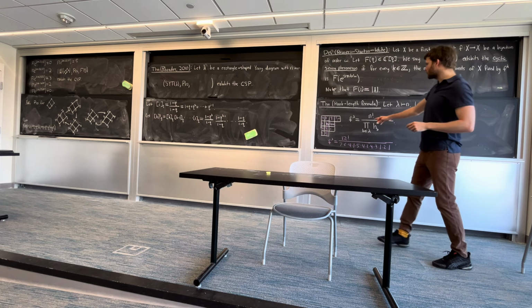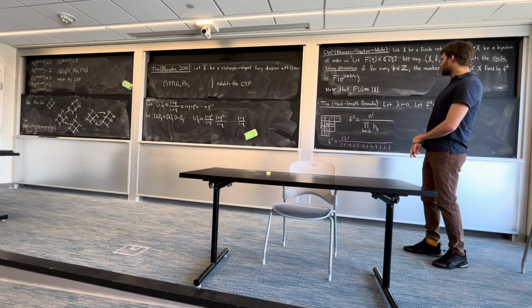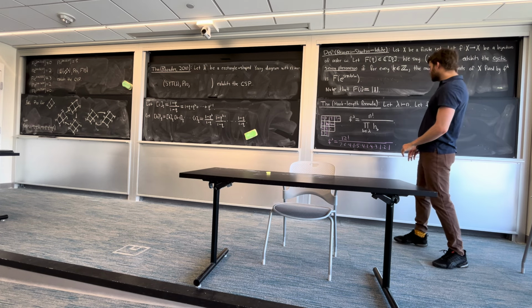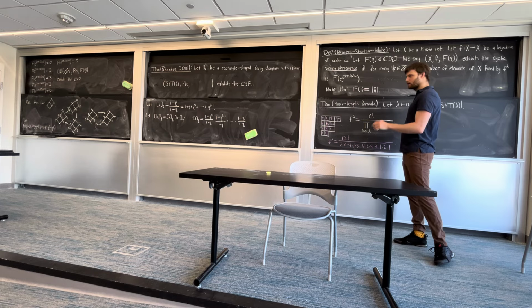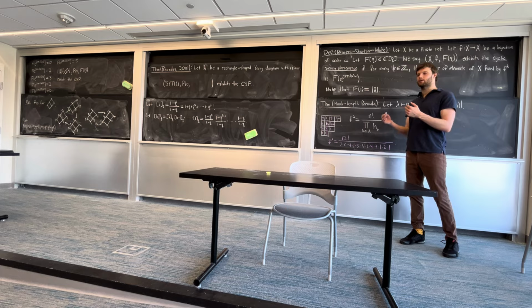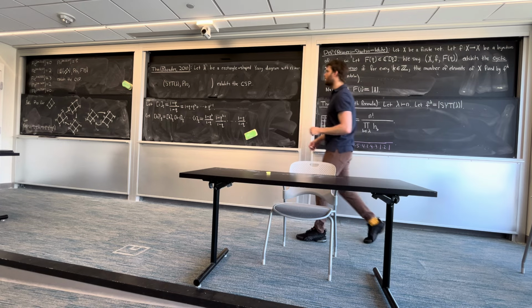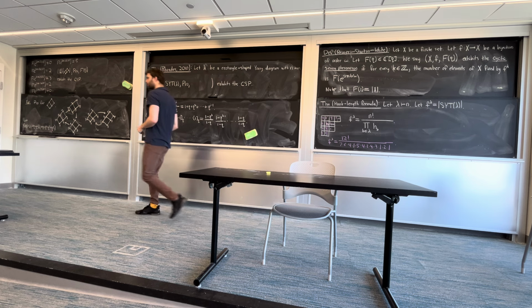We know that number is given by the hook length formula. So what you could try to do is take the pieces of this and q-ify them, replacing each piece with a polynomial that specializes to that number when you set q equals 1. And it turns out this is the right thing to do.